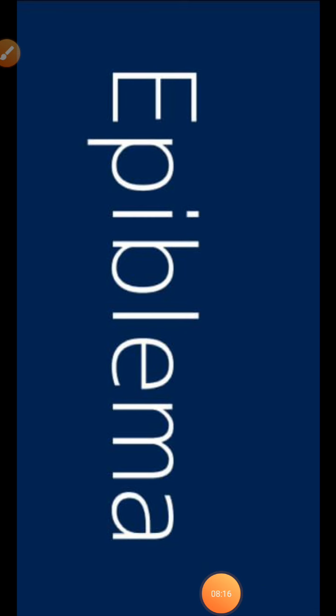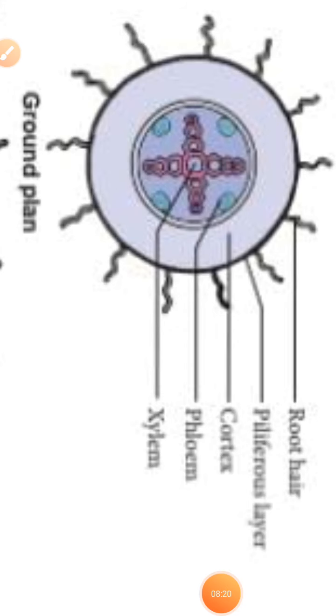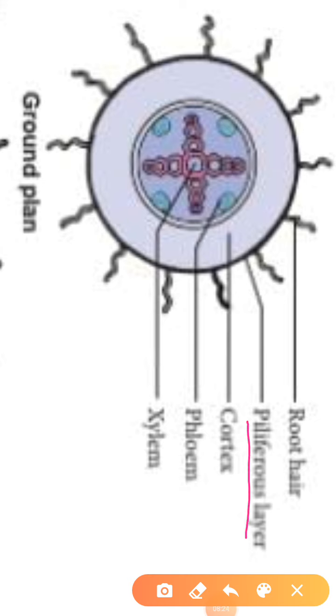Name the 4 structures of dicot root. Epiplemma, cortex, endodermis and stele. Epiplemma. The other name of epiplemma is foliferous layer. It is the outermost layer. We know that is epidermis.